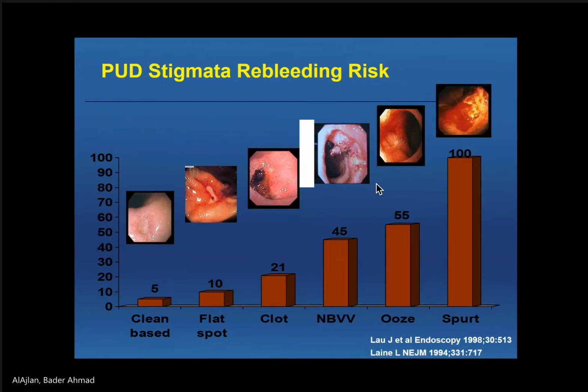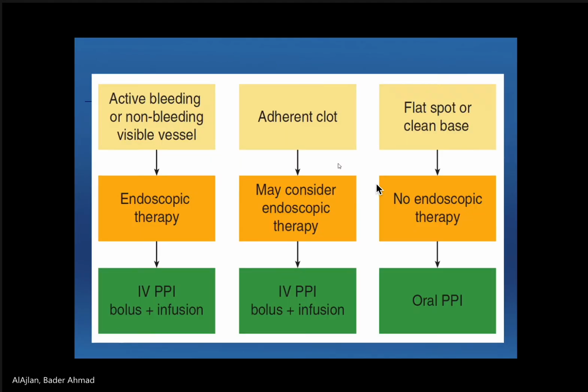And of course, if you have these spurting vessels, if you don't do anything, the risk of rebleeding is 90 to 100%. Because the risk of rebleeding is high in these three, we treat these three, and we'll talk about the treatments.